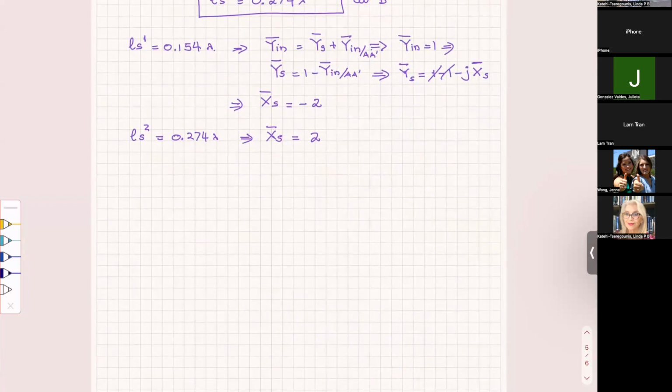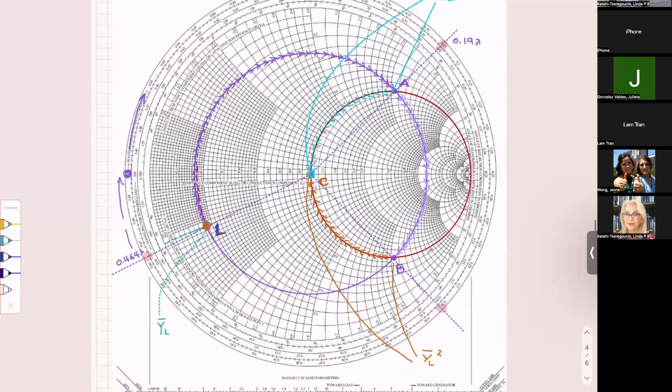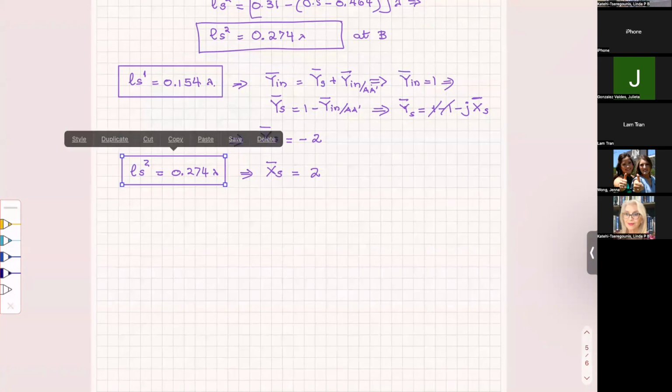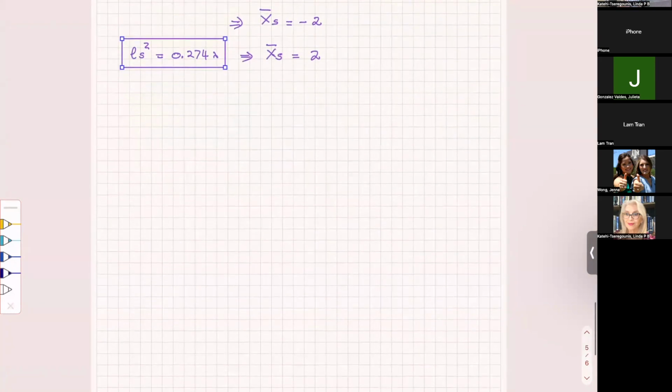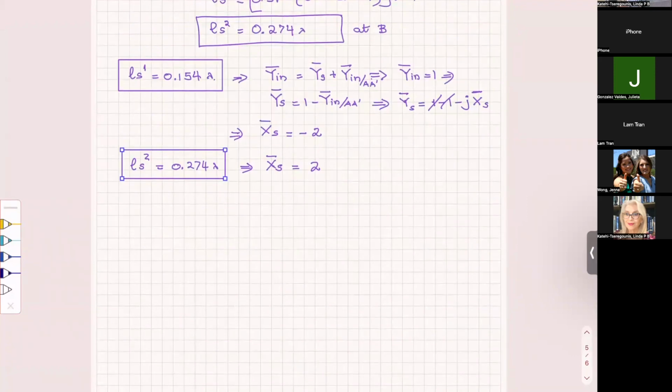All right, so on the basis of that, we're going to find 2 possibilities for the stub, how long it should be. Both of these solutions are possible, practically. You don't necessarily have to find all of them. I want only one set that is correct. All right, I don't necessarily need both, even if I solve for both of them. So for now, let's go with the first solution. So solution number 1.